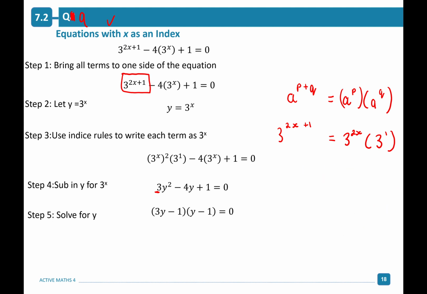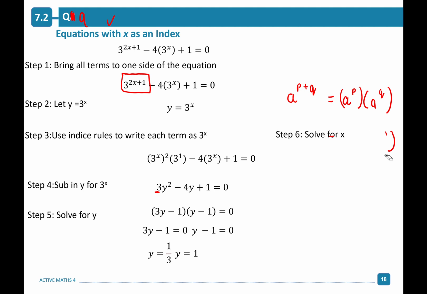To solve for y, we put both brackets equal to 0. This leaves us with 3y minus 1 equals 0 and y minus 1 equals 0. Solving for y, we have y is equal to 1 over 3 and y is equal to 1. We have now found the values of y.